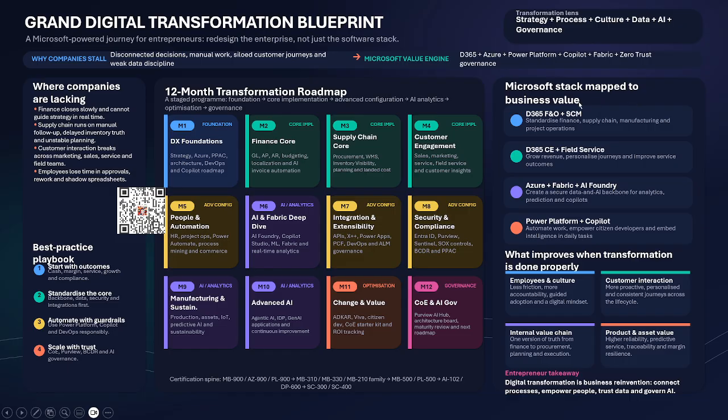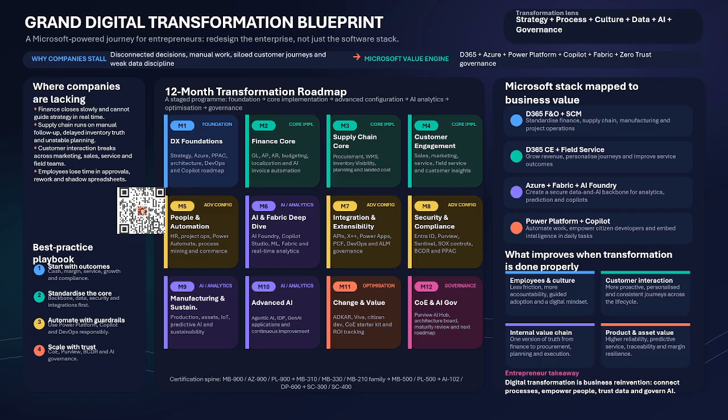So the Microsoft stack maps to the business value. We are talking about Finance and Operations plus SCM, which standardize finance, supply chain, manufacturing, and project operations. There is Dynamics 365 Customer Engagement plus Field Service, which helps us reach very near to the customer. We should enhance our relationship with the customer.